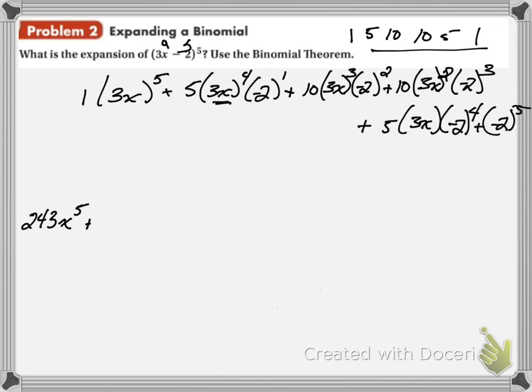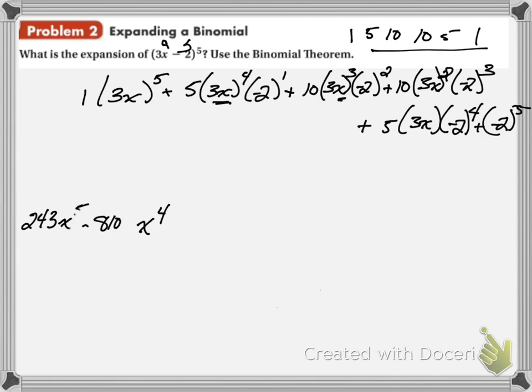So it's times 5 times negative 2 to the thing. So obviously the x to the 4th is going to stay there, and I just punch in my calculator 5 times 3 to the 4th times negative 2. And that's going to give me negative 810. So just make that a minus sign. Negative 810. Okay? Then what's next?